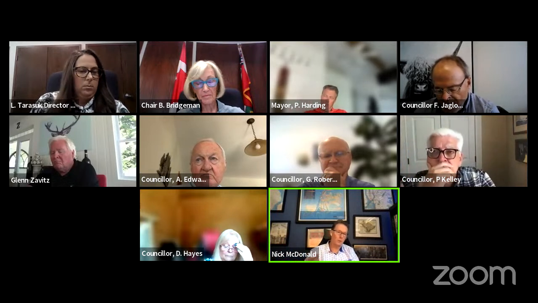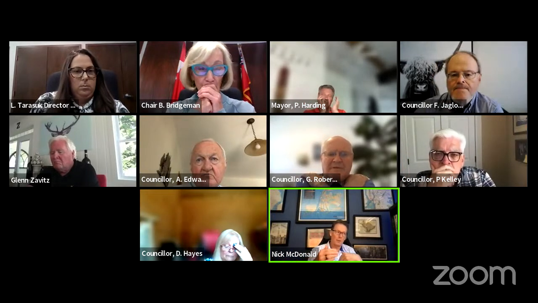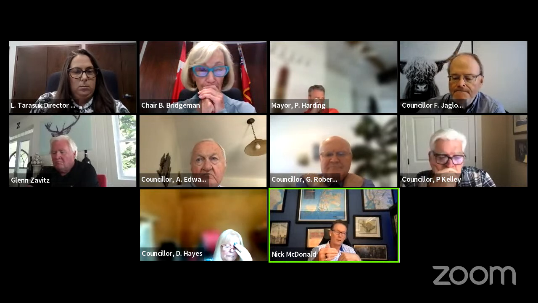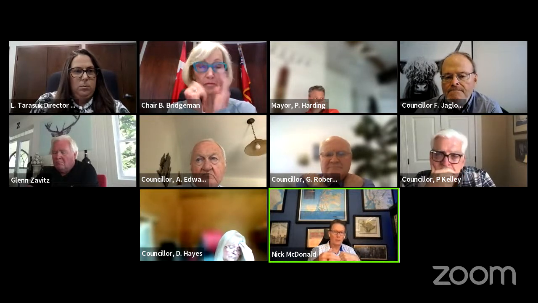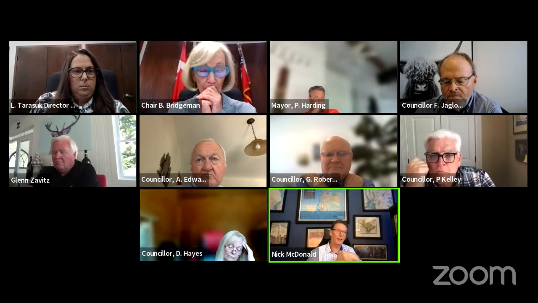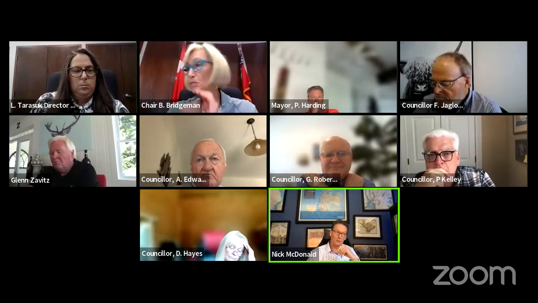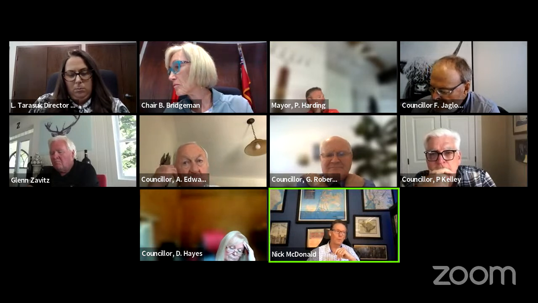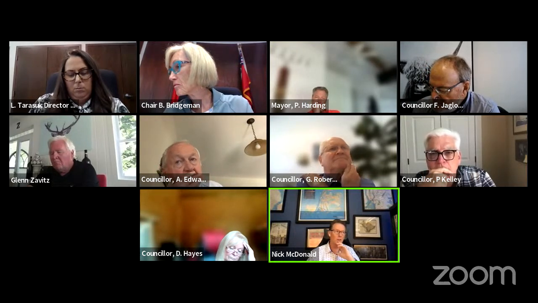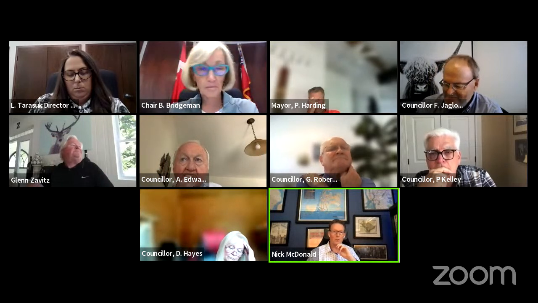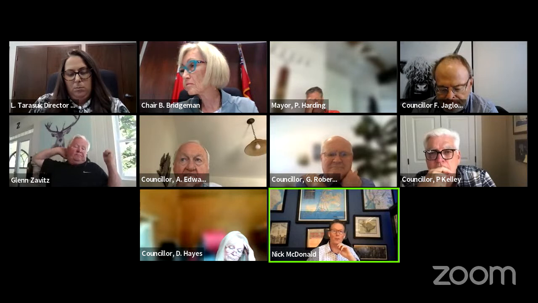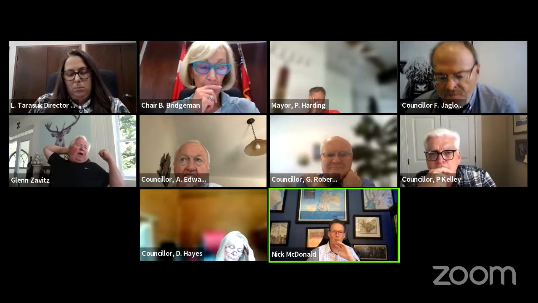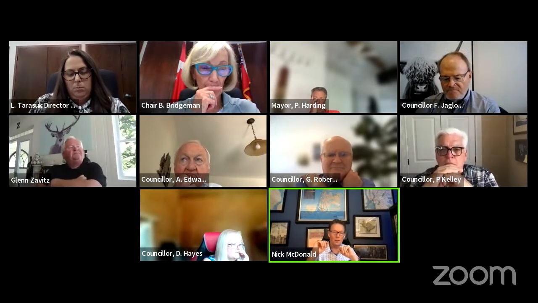So we ended up in a place where the RCC becomes one of the tools in a toolbox, and we came up with 8 factors, as Councillor Kelly indicates, that the township could apply when new lot creation is proposed. It could be all of them applied, it could be one, it could be 3 out of 8. It really is up to the approval authority at the time.